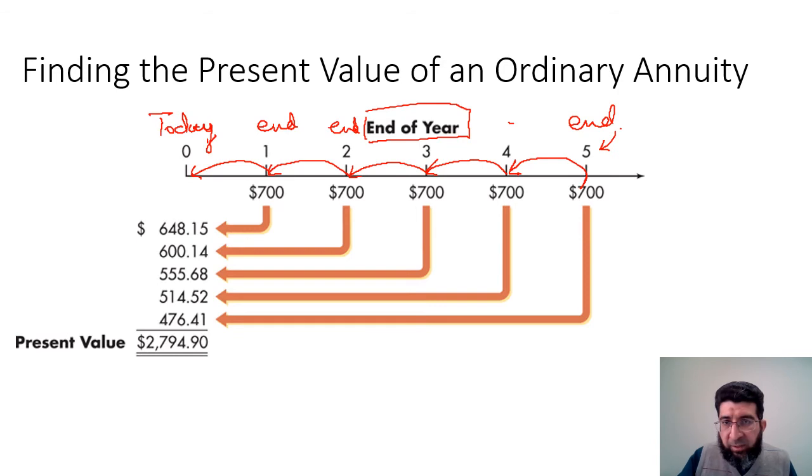So you can see that 5 to 4 is 1 year, 1 to 2 is 2 years, this is 3rd year, this is 4th year, and this is 5th year.